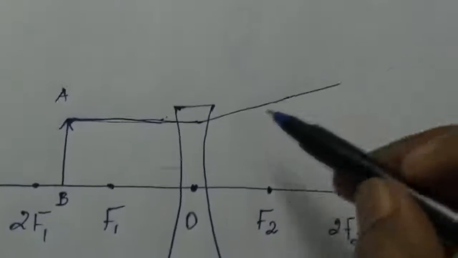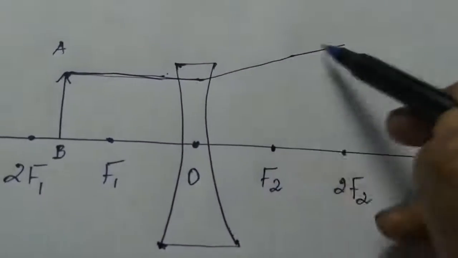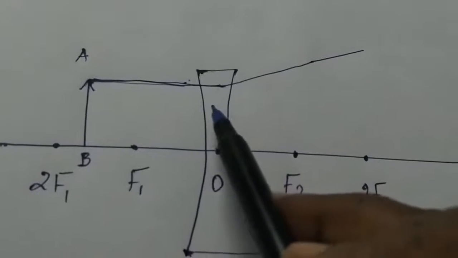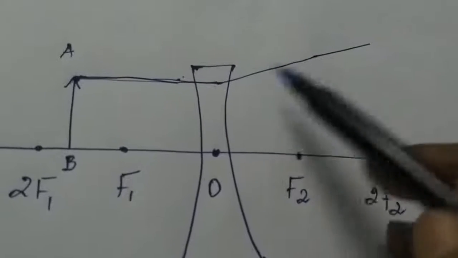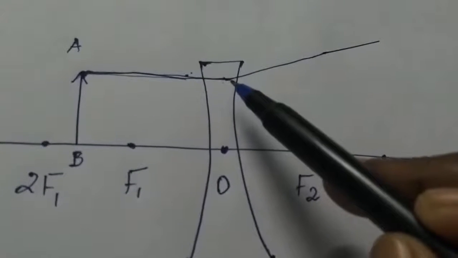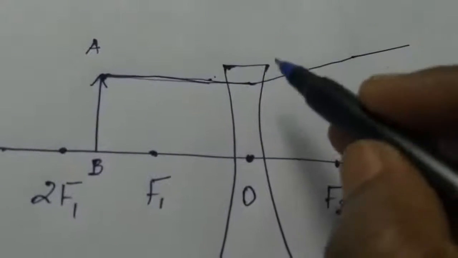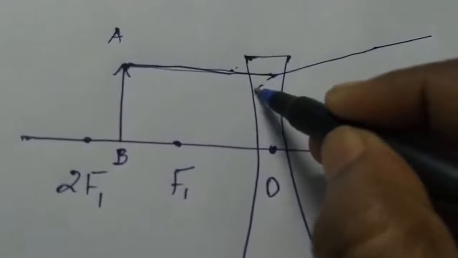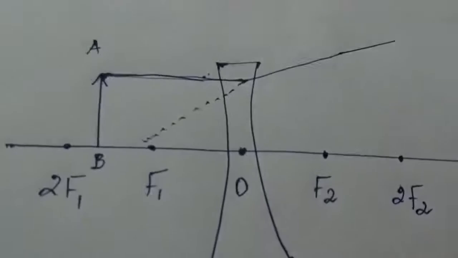So we know that a concave lens is a diverging lens, so it diverges the light rays. So after refraction, the light rays diverge. So if we extend the refracted rays back, it appears to come from the principal focus.